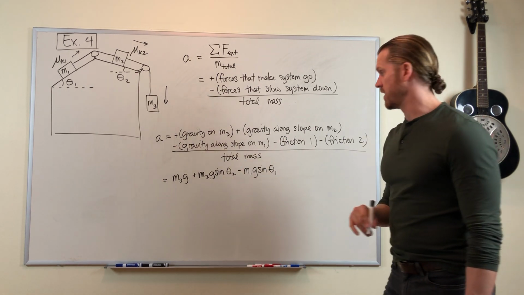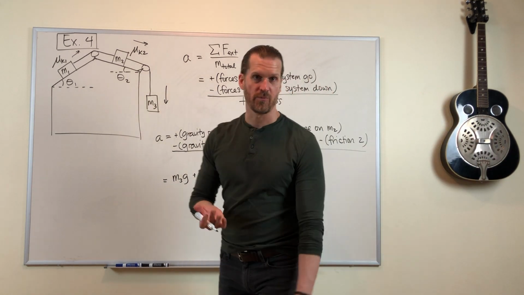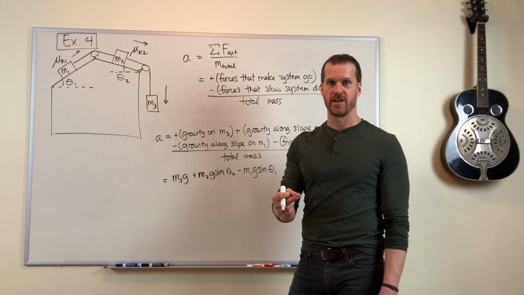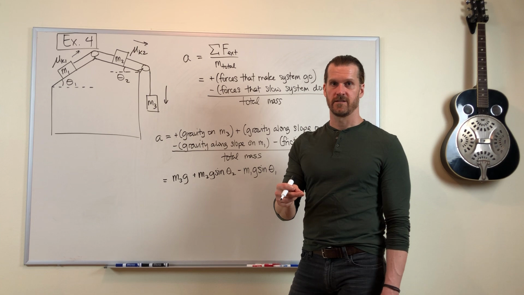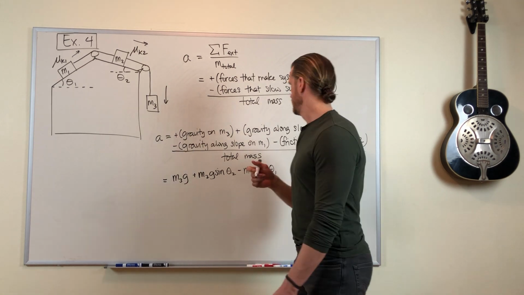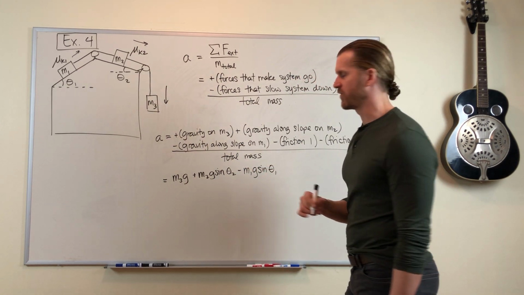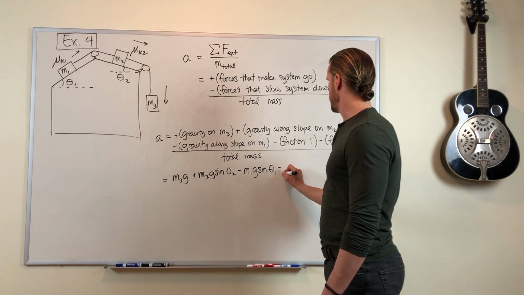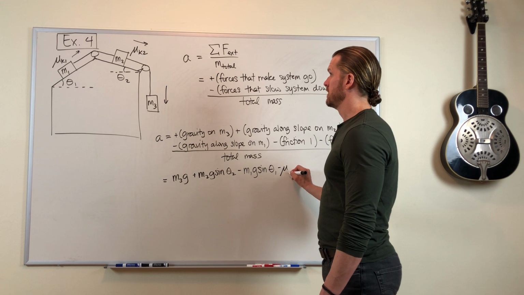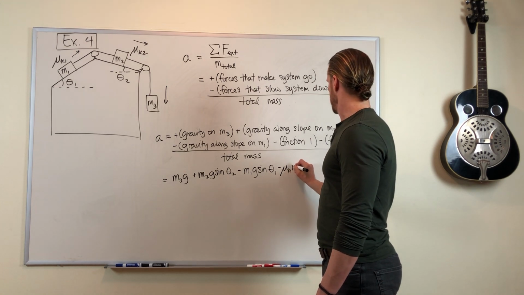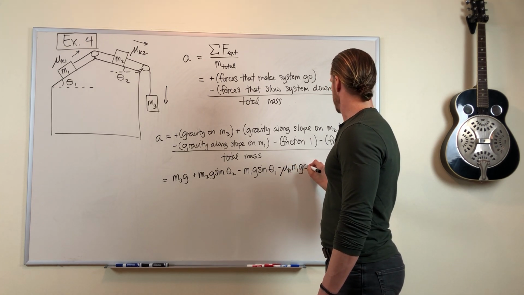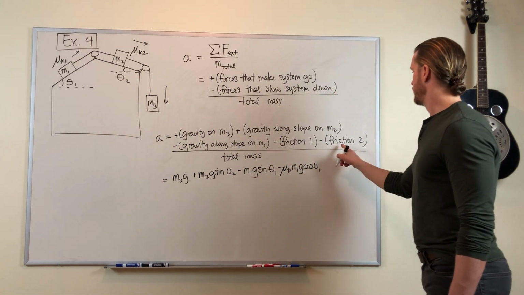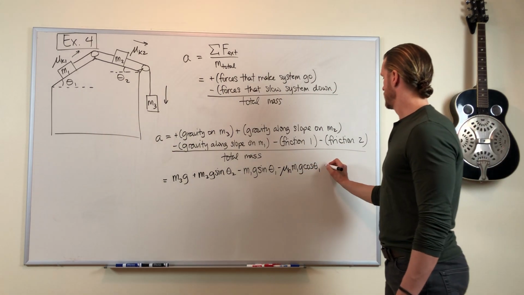Friction force on M1. Well, in slope problems, we've seen that friction force on the slope is coefficient times mg cosine theta. The cosine comes from the normal force, remember. So friction on 1 would be the coefficient for 1, m1g cos theta 1, and we do the same thing for mass 2.